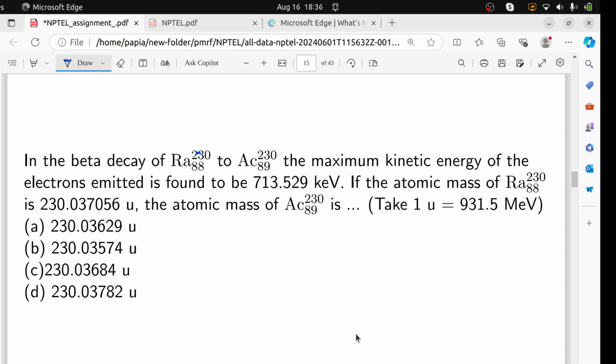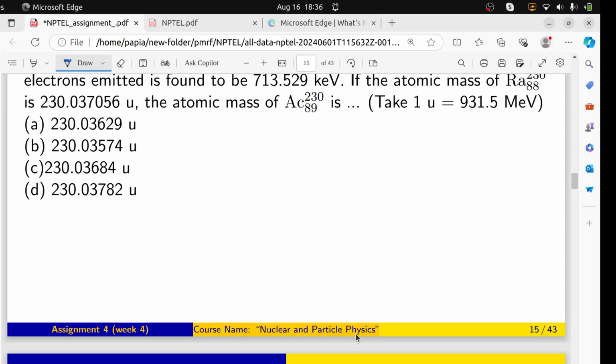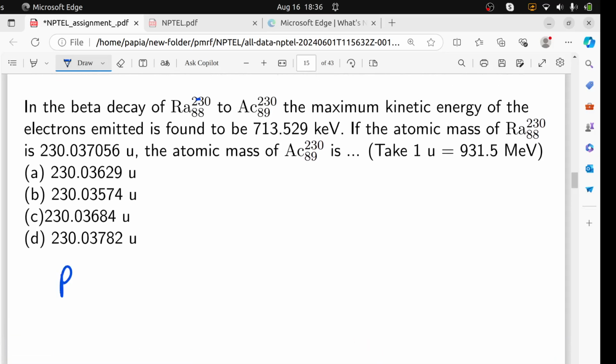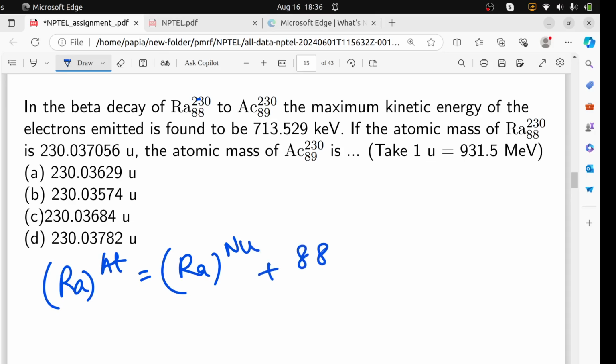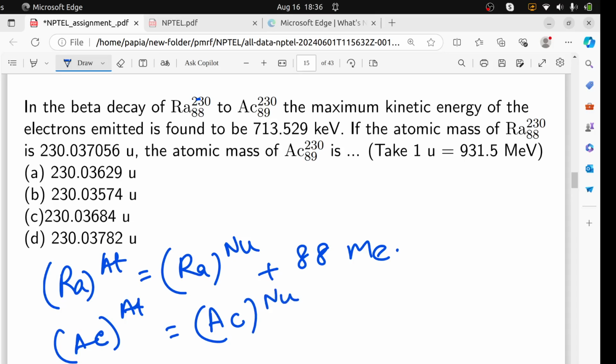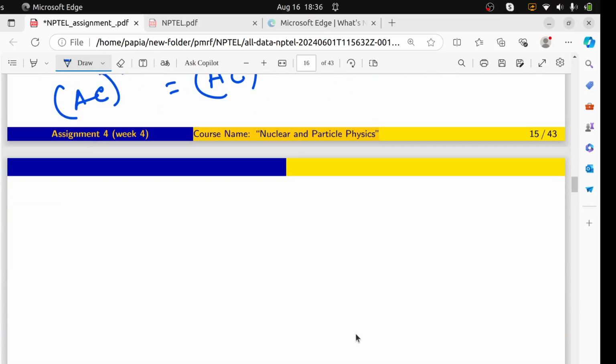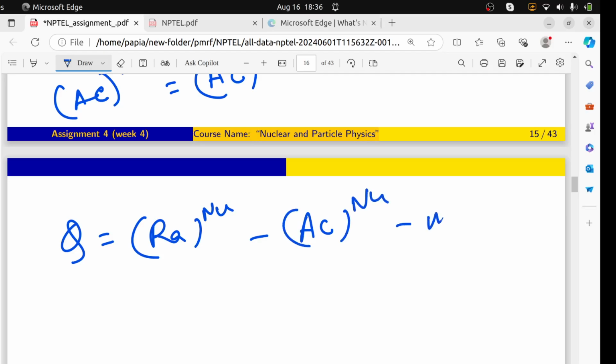Okay. So for this case, Ra atomic equals Ra nucleus plus 88 Me, because Z is 88. AC atomic equals AC nucleus plus 89 Me. Now the Q value is Ra nucleus minus AC nucleus minus Me.